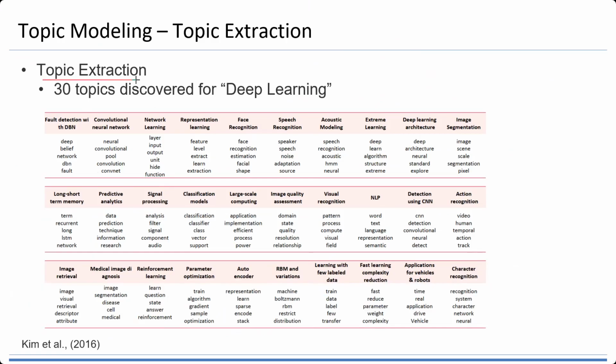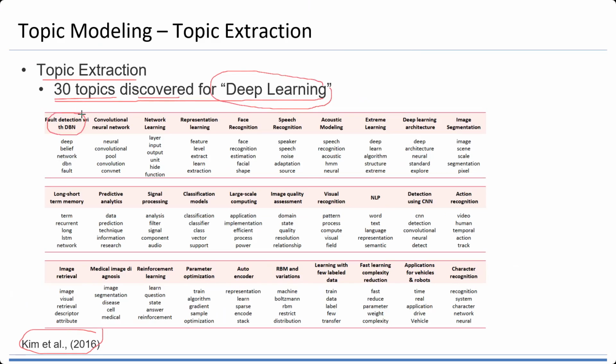In this research, the researchers tried to discover 30 topics in deep learning papers. If a paper is related to deep learning, we want to know what topics people usually work on.